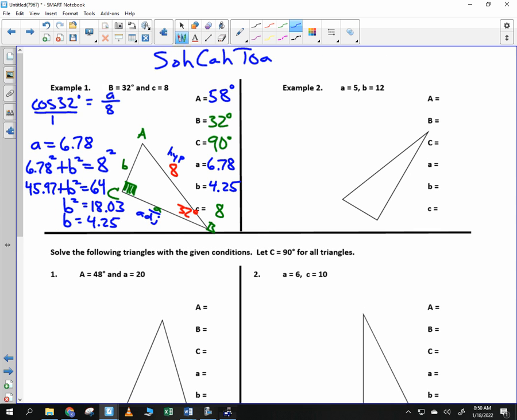We do one more example, and then you guys are going to have time to work here. 90 degrees, we'll call this angle C. You can choose whichever one you want to be A or B. C must be the 90-degree angle, but if you want this to be A, you can, or if you want this to be A, you can.